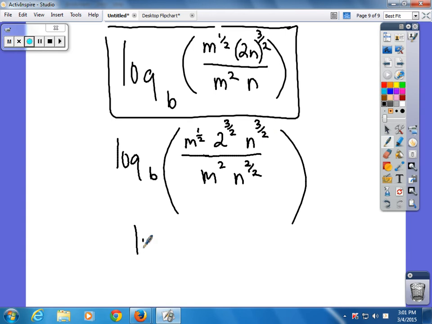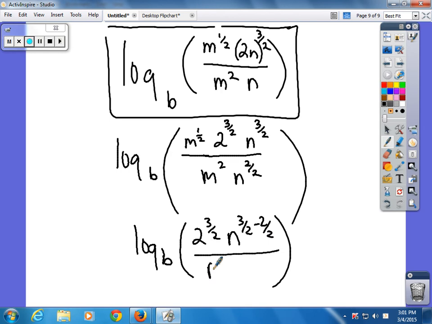So log base b of m's going to come down, so that's going to be 2 to the 3 halves, n to the 3 halves minus 2 halves, over m to the 2 minus 1/2.